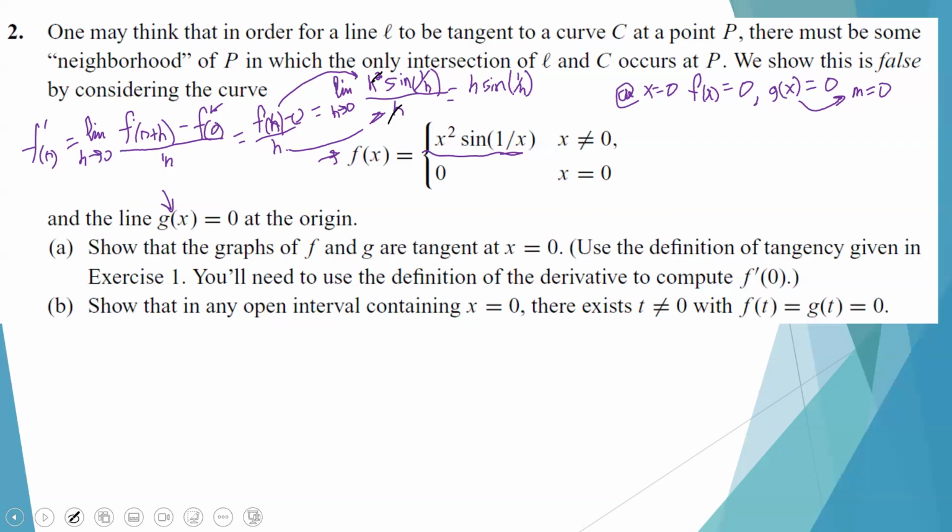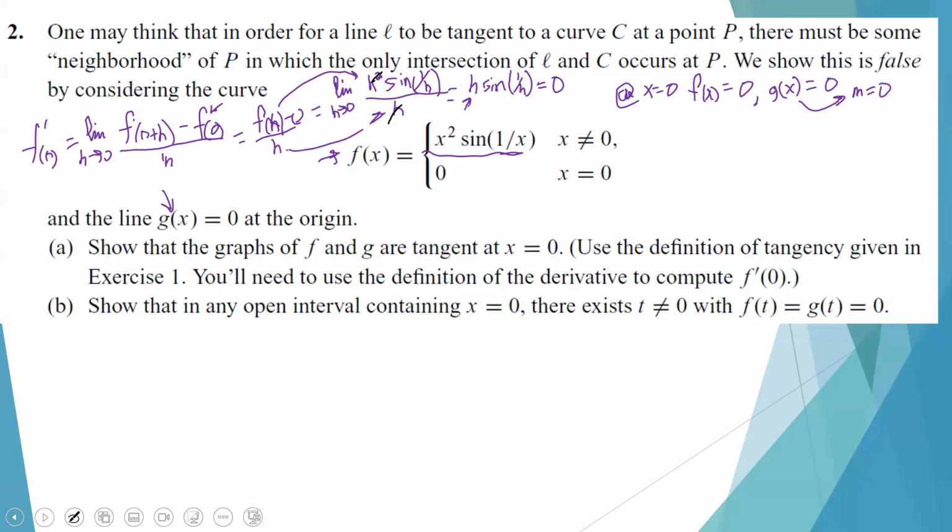Yep, so this equals 0. Remember, it's the limit as h approaches 0. So as this thing becomes 0, the whole thing does. So that equals 0.